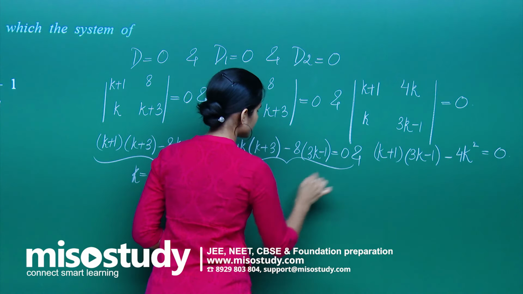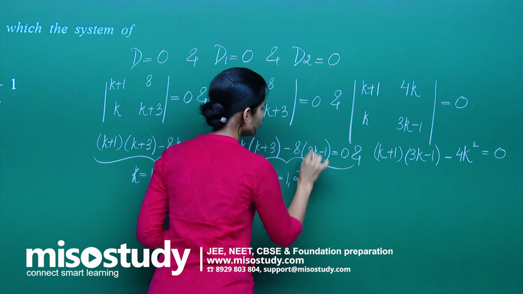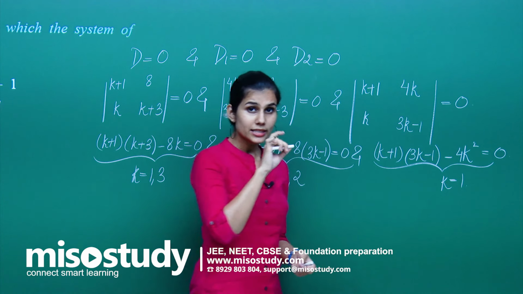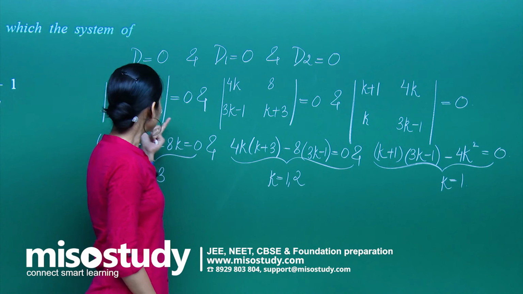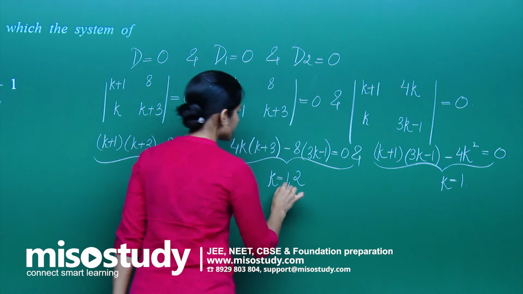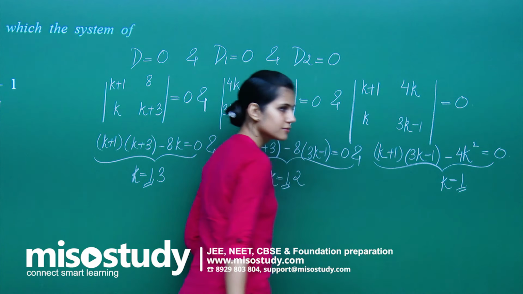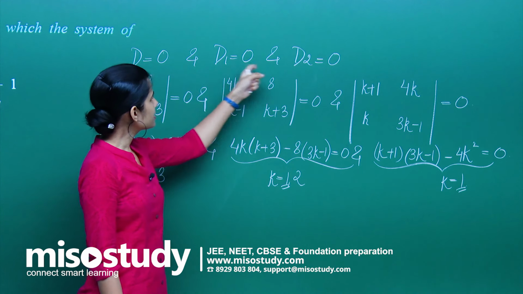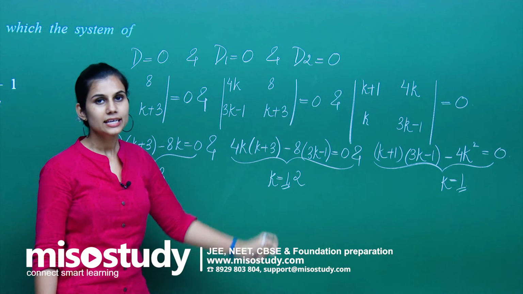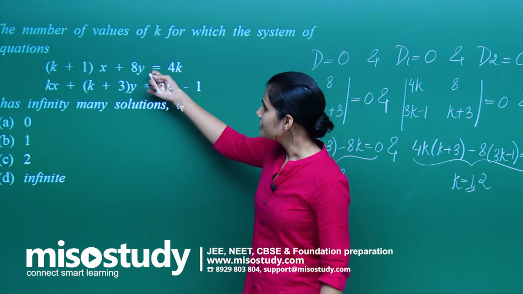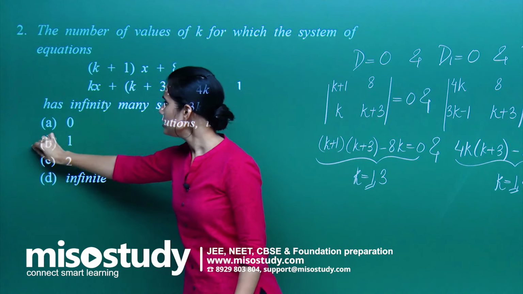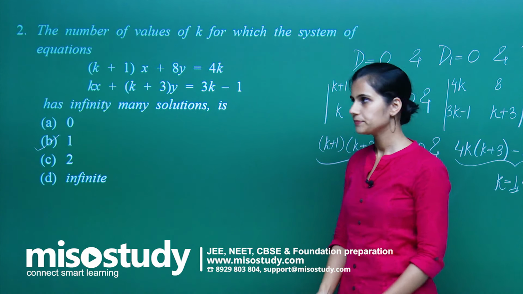When you solve this, you get k equals 1 and 2. And when you solve this, you get k equals 1. So what is the value of k for which this is 0, this is 0 and this is 0? It is only one value, which is the number 1. For k equals 1, all are 0. That's the common solution to all these three equations, and therefore it is for k equals 1 that this particular system is going to have infinitely many solutions. So your answer is k equals 1.